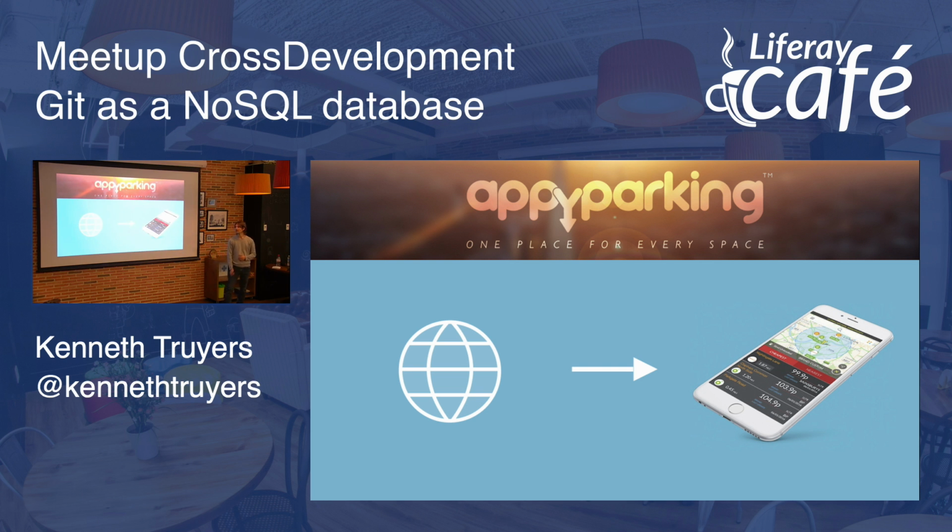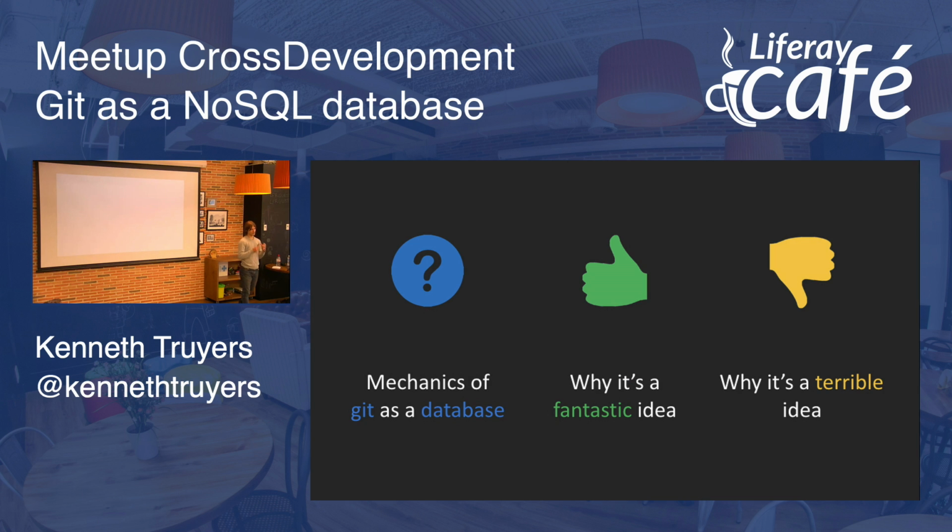So I want to talk today a bit. I want to structure the talk in 3 parts. First, I want to look into the mechanics of Git as a database. So how does it work? Because we work with it through GitKraken and through SourceTree, through the Visual Studio client, or on the command line. But as a database, things are a little bit different.